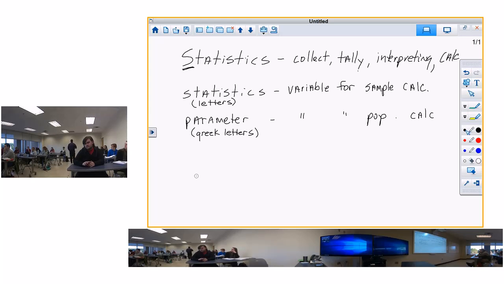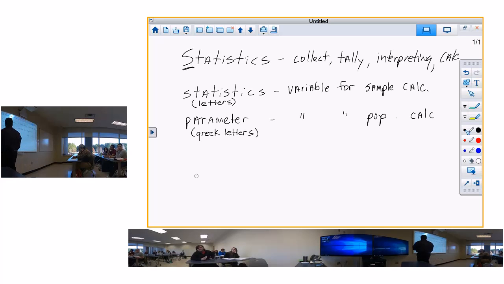Well, mu is a Greek letter. So that is a population parameter or a population variable. I like to call it a variable because if I say variable, what do you think of? You think of a formula, right? Well, that means that it's a formula outcome of a population. Now, what is a population?